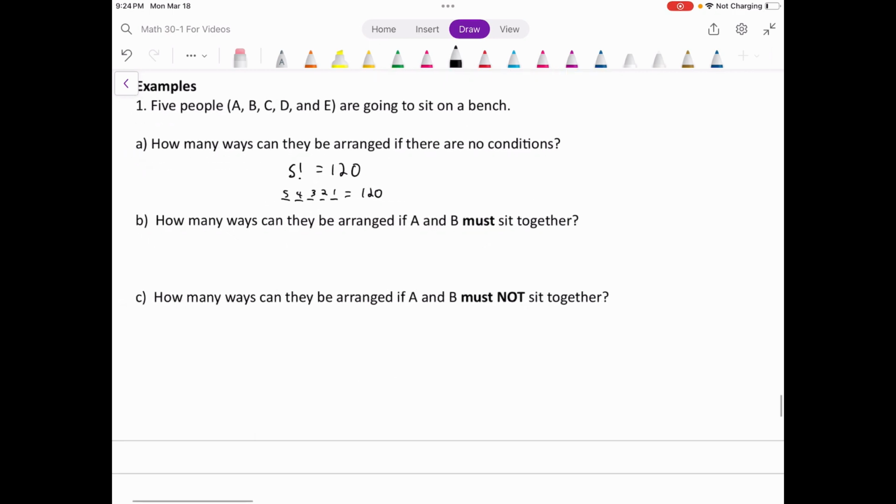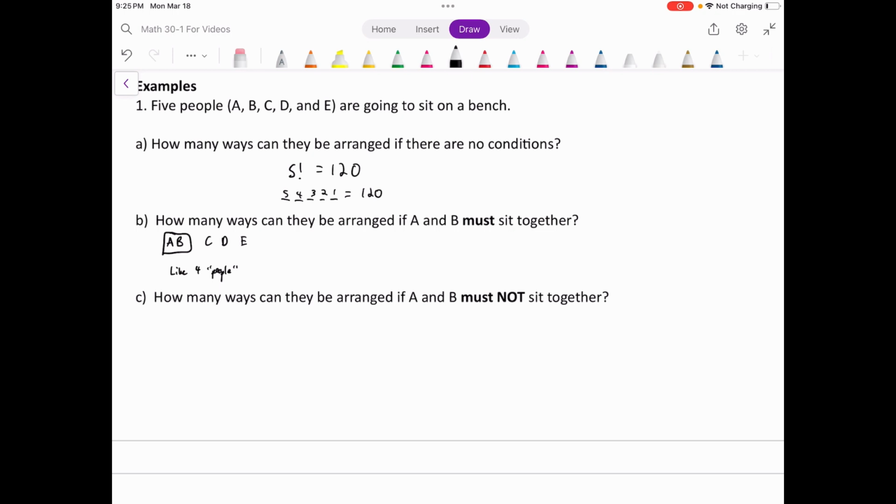Well, if A and B must sit together, let's just treat them like one person, keeping in mind that we could also have BA, right? So we actually are going to have 2 factorial ways to arrange them within this group. But that means we really just have how many objects to arrange? Right, it's like we have 4 people, 4 objects to arrange, okay?